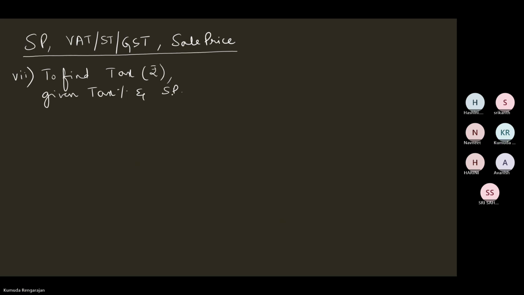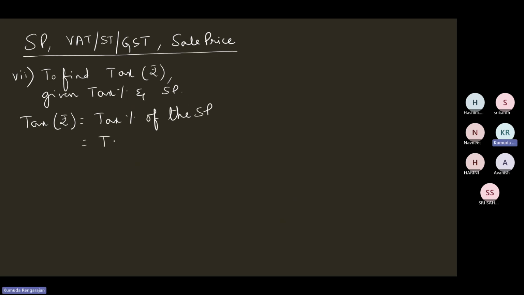This is selling price. If it's sale price, I have written sale price. SP is not sale price, it is selling price. So tax in rupees is equal to whatever percentage tax should be applied on the selling price, that percentage of the selling price.